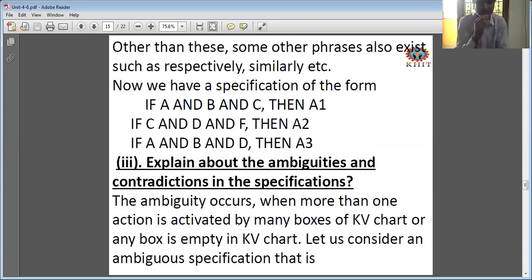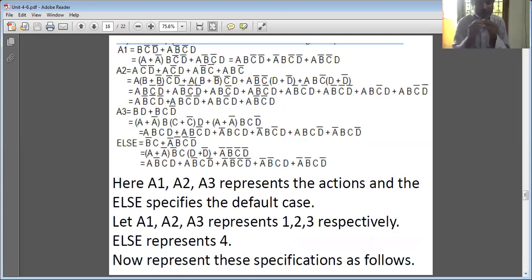Let us consider an ambiguous specification. A1 equals B C bar D bar plus A B bar C bar D, written in SOP form. Similarly, A2 is A C bar D bar plus A C bar D plus A B bar C bar plus A B C bar, written in standard form.